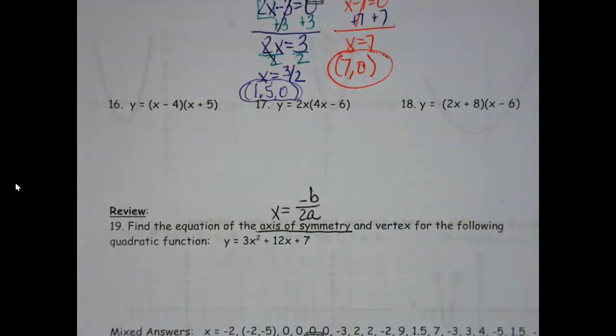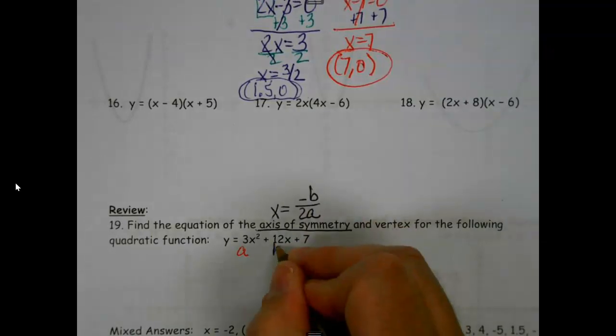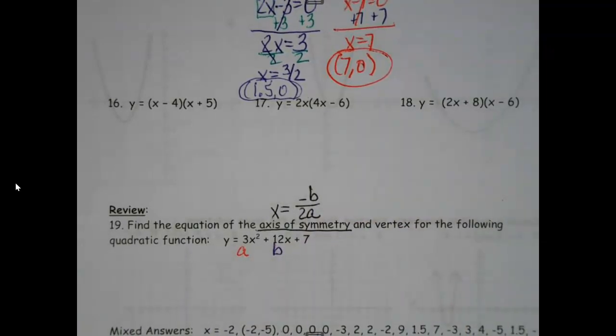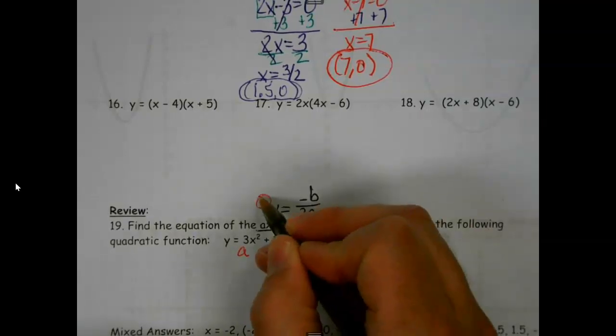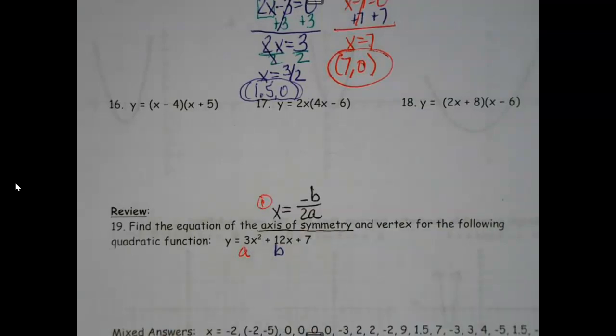Remember, to find your axis of symmetry, you get your A and B values from the equation. You plug them into that little formula. And so your first step would be to find your axis of symmetry, which also will give you the x value of your vertex.